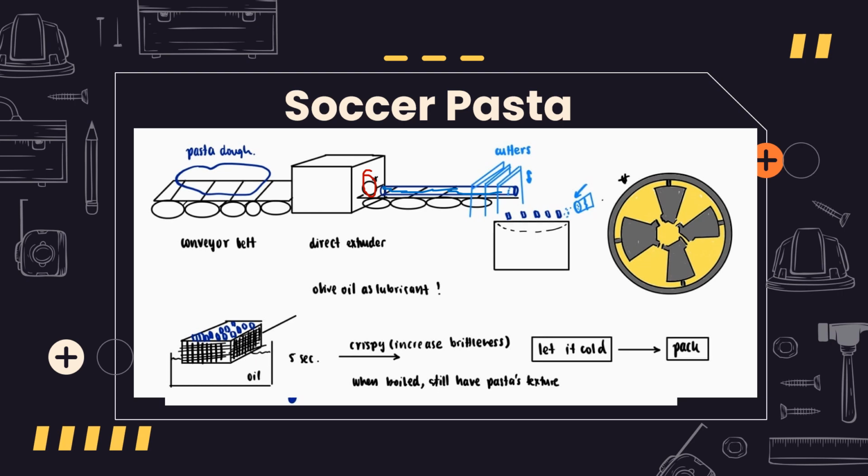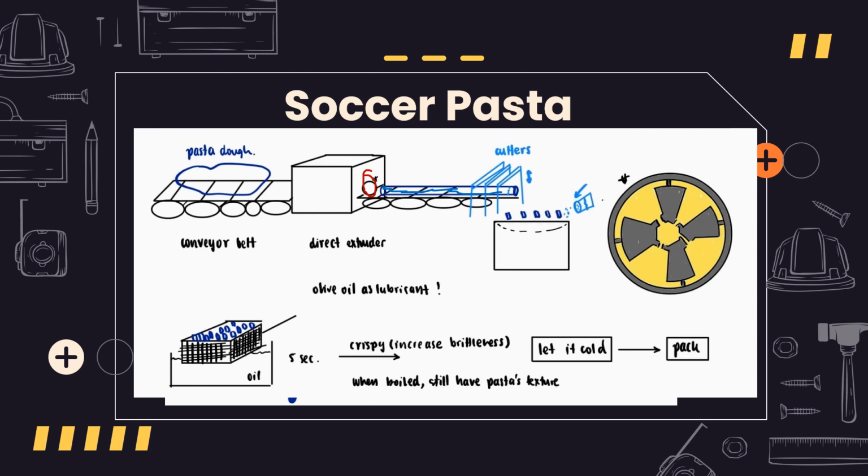During the process, I will be using olive oil, firstly because I think for the extrusion it's necessary to be lubricated because there may be some problems with pasta, which is a bit pasty.